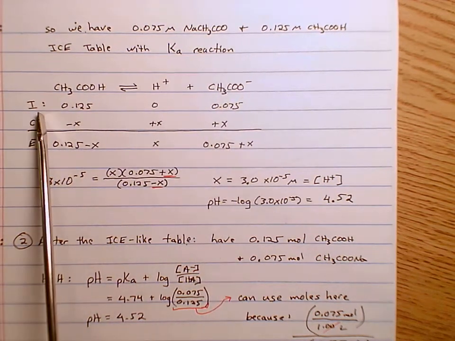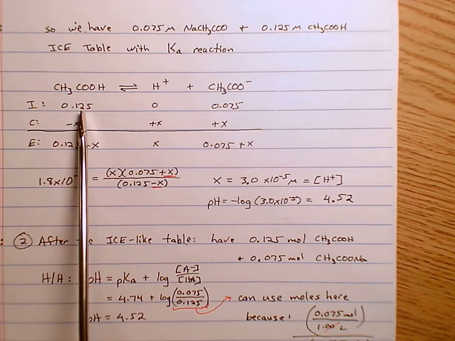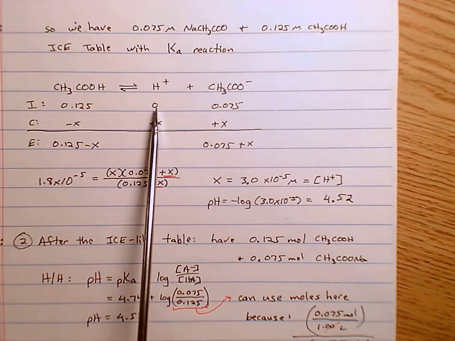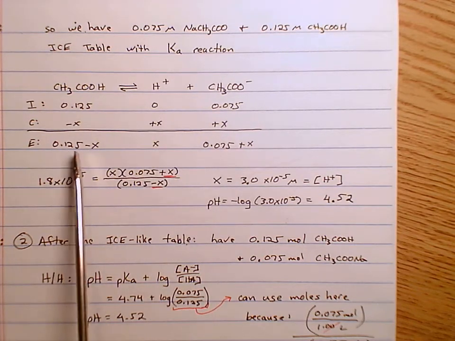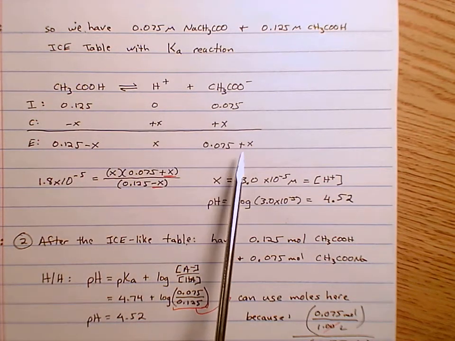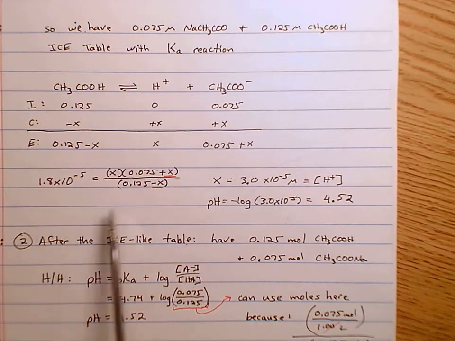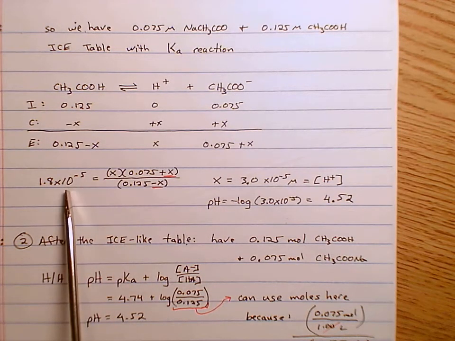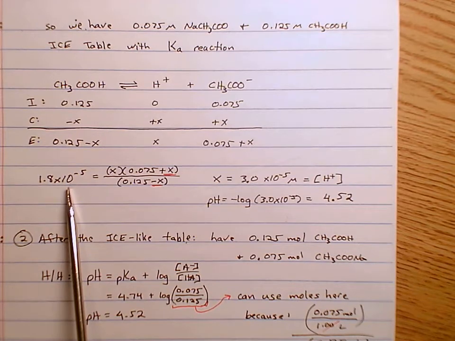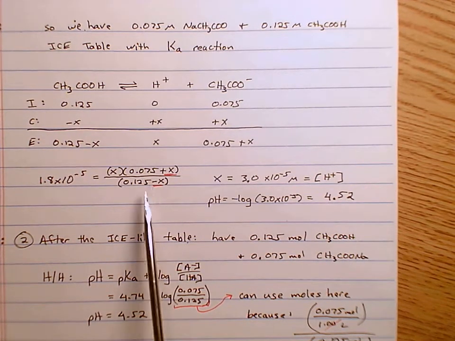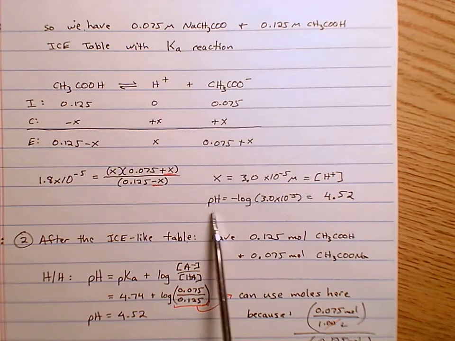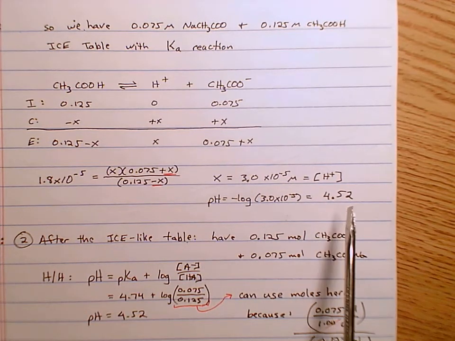Our initial amounts were 0.125 molar, none of this before dissociation, 0.075, minus x, plus x, plus x, 0.125 minus x, 0.075 plus x. Plug everything in. We can note, because our acid dissociation constant is so small, we can ignore the minus x and the plus x here. Math becomes easy. pH is 4.52.